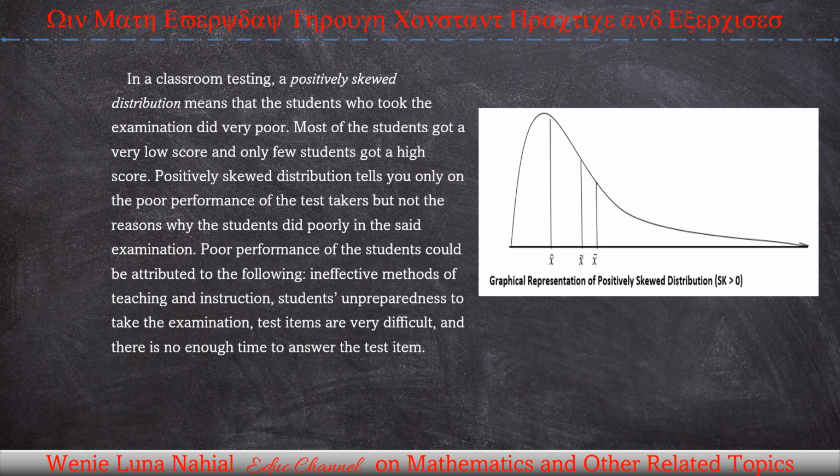So we have here the illustration. This one, the thin end tail of the graph is right here. So this is what we call a positively skewed distribution. So you can see also that we have the mean, the median, and the mode.